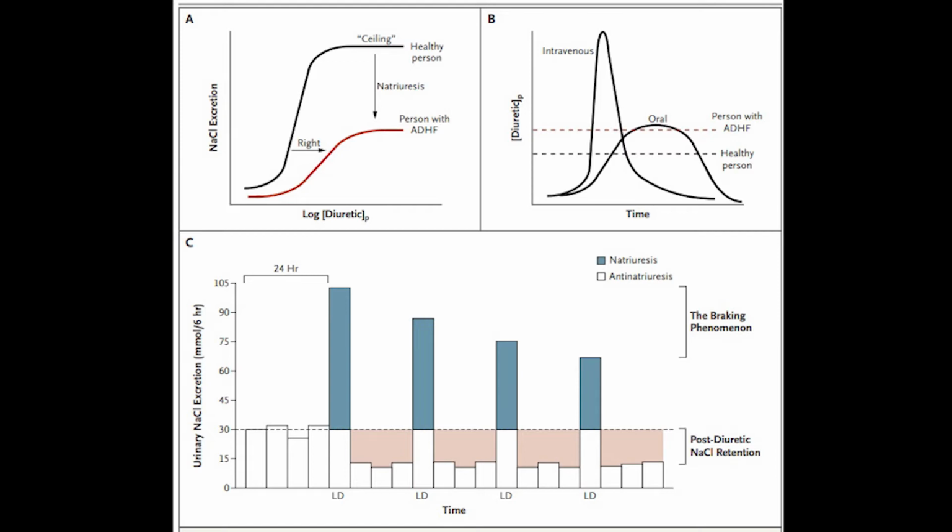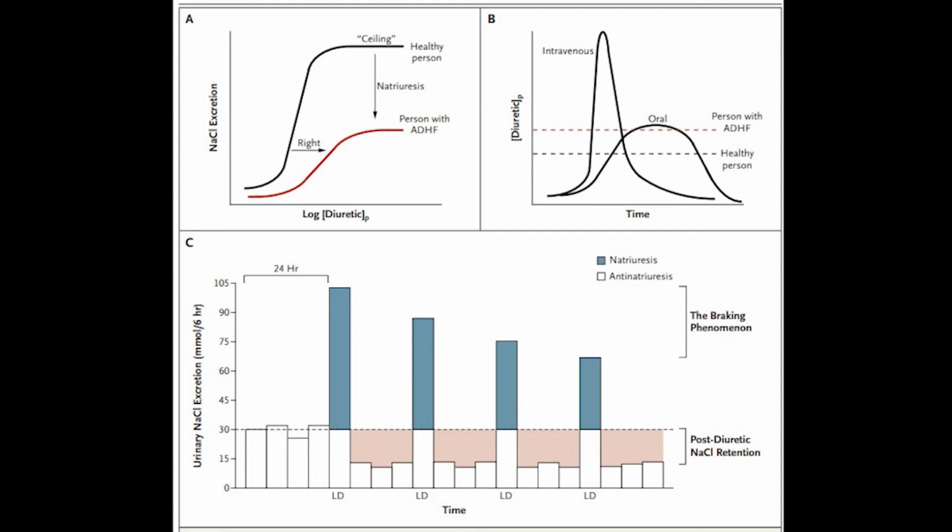Overall, the concept to remember is that diuretic effect depends on the duration of time that the drug concentrations are above the threshold concentration. That's something you see in the graph of B. The longer the patient is above the threshold, the more activity there will be, and the more the natriuresis will occur.